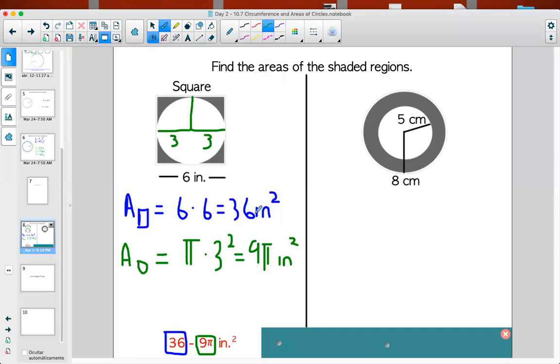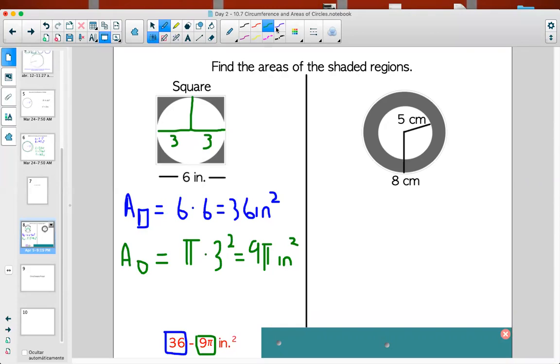The square is 36. So that gives you an idea of what this one will be. Why don't you take a moment to try to figure this one out, how you would do it. Feel free to pause.